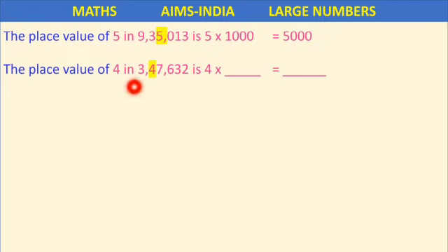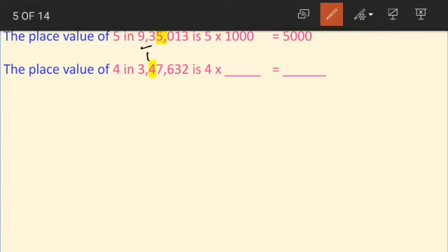The place value of 4 in 3,47,632. 4 is at which place? 4 is at 10,000's place. Now how do we write 10,000 in numbers? We write 1 followed by 4 zeros. 1, 2, 3, 4.